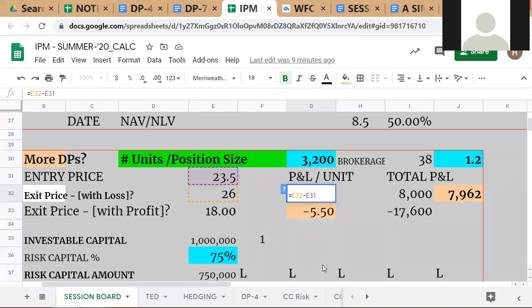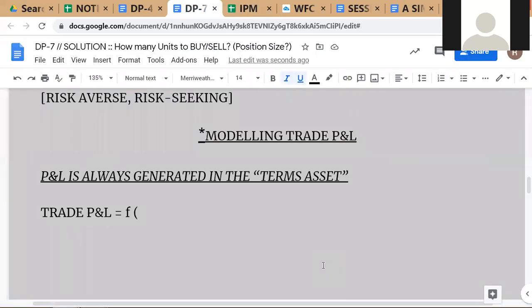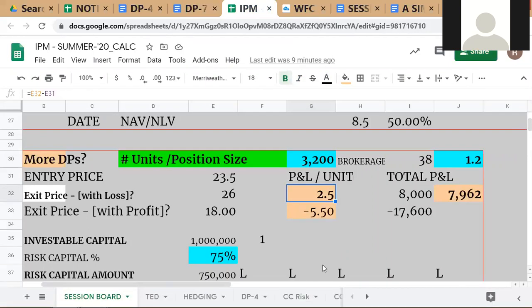Brokerage, fine. For the moment, we assume that we don't have to worry about brokerage. In this kind of calculation, we don't worry about brokerage. But another obvious thing which you have not mentioned is position size, because here we've done it specifically for one unit.